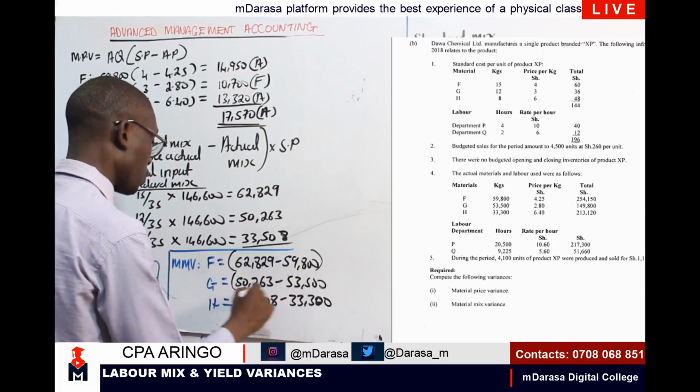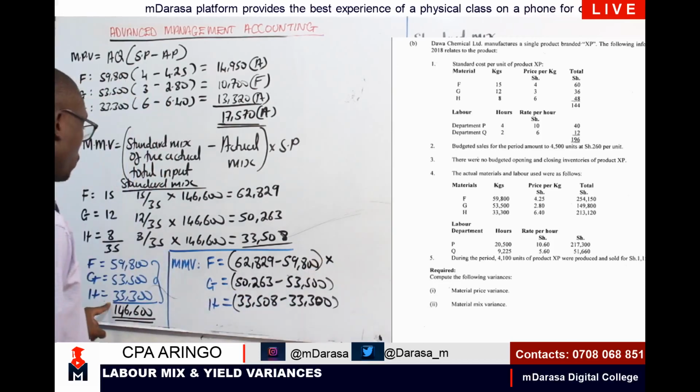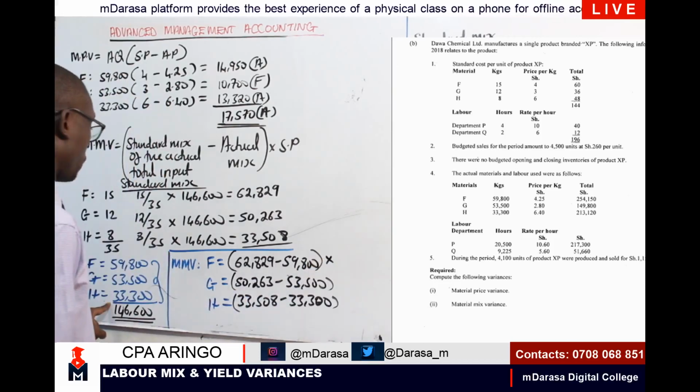Recall, we are supposed to multiply by our standard price. So what was the standard price of material F? Once you are able to master this concept, things will always tend to flow.